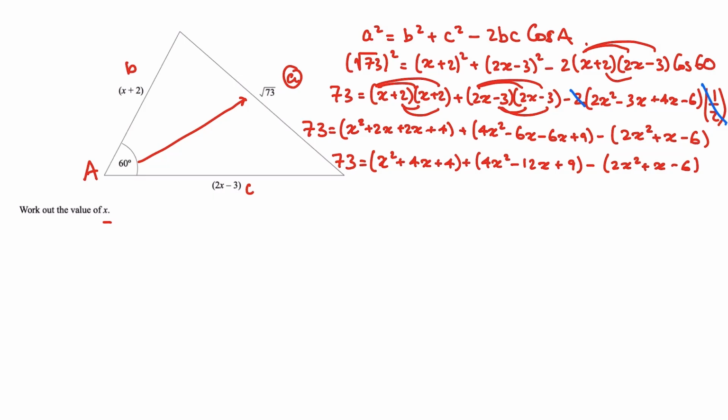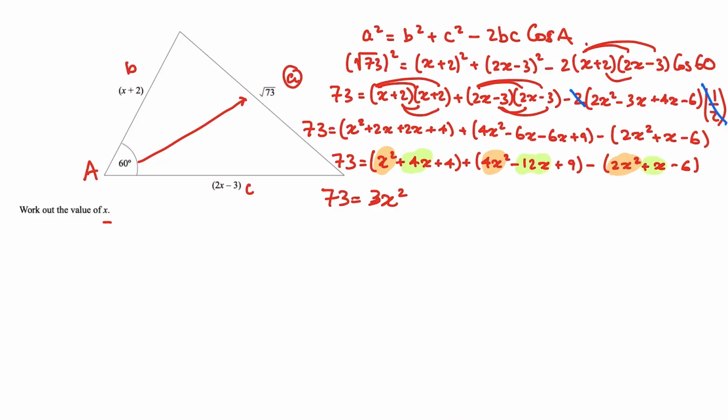So now, in this case, we need to simply collect the like terms. So 73 can stay on the left hand side, is equivalent to, let's take together all the x squared values. So we have x squared plus 4x squared is 5x squared, minus 2x squared gives us 3x squared. Now let's have a look at the next term. We have plus 4x minus 12x will be minus 8x.